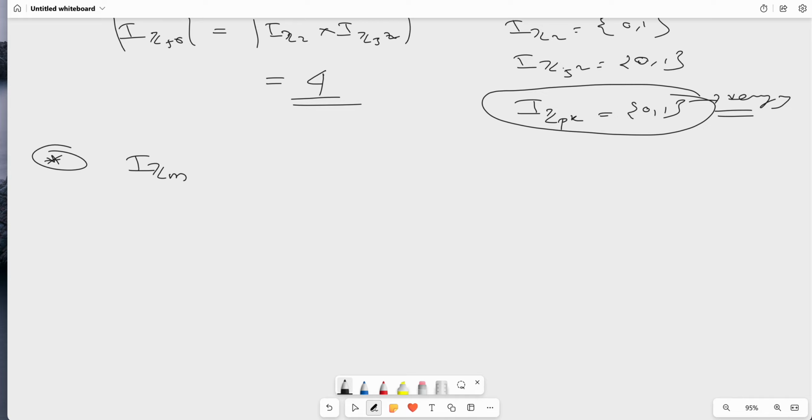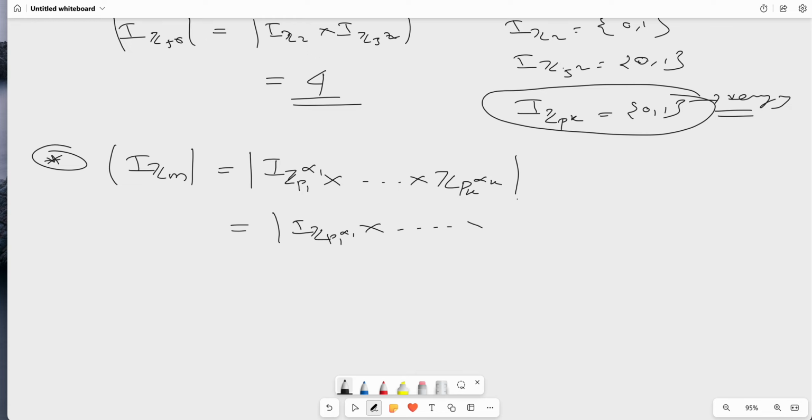The cardinality of I of Zm is I of Z p1 to the power alpha 1 cross dot dot dot cross I of Z pk to the power alpha k.